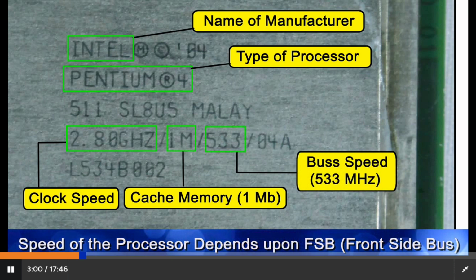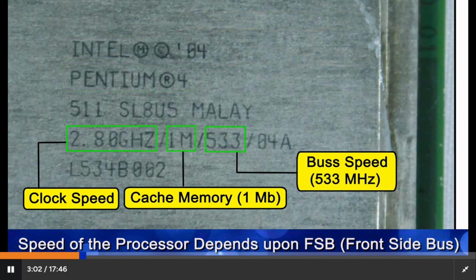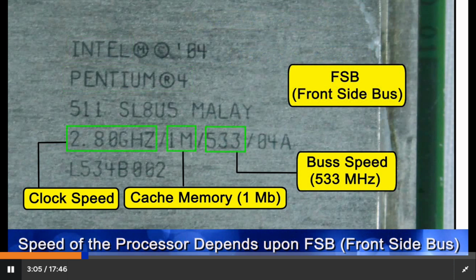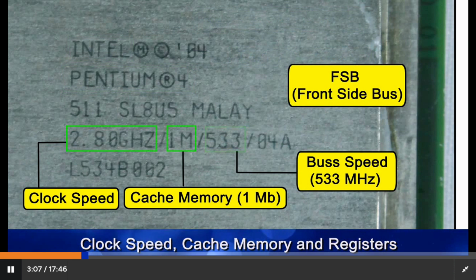Speed of the processor depends upon FSB, front side bus, clock speed, cache memory and registers.